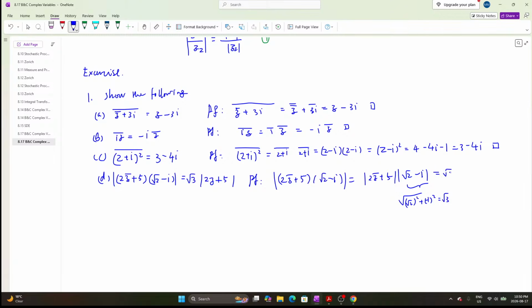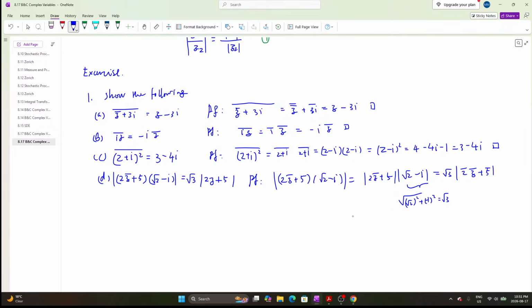You get a square root of 3 times the modulus of 2z bar plus 5. We can write 5 as 5 bar. That's the nice thing about real numbers, right? It's equal to its own conjugate, and 2 as well. So you can write 2 bar z bar plus 5 bar.